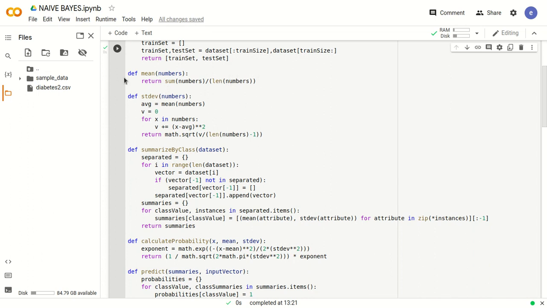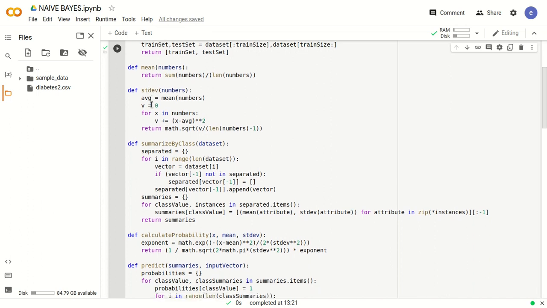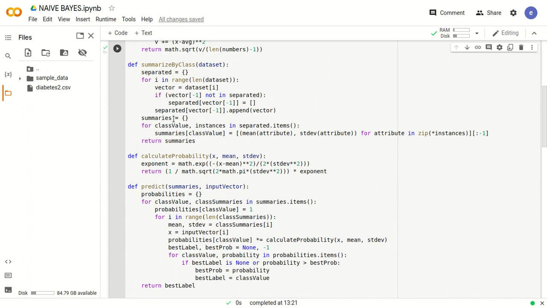That is what we are calculating in this function. Standard deviation also is self-explanatory. We find the average, and we know the standard deviation formula is the square root of x minus average, that is the mean, whole square, that will give the variance, and the square root of variance is nothing but the standard deviation. That is what is done in this function.